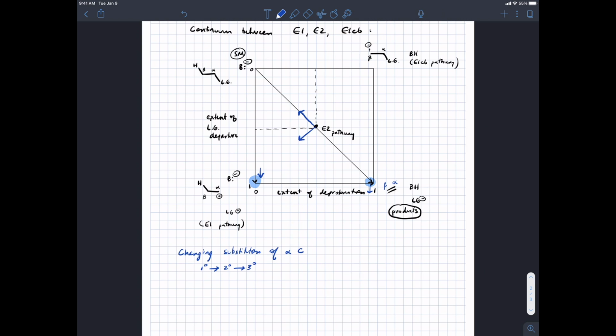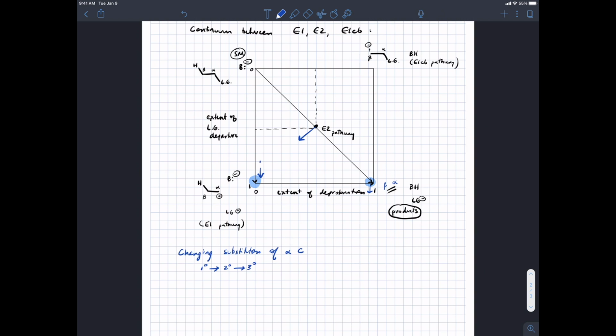Okay. All right, cool. And again, the relative amounts of this would depend on how much the lower right-hand corner is being stabilized relative to the lower left-hand corner.